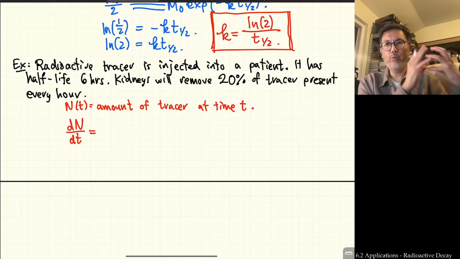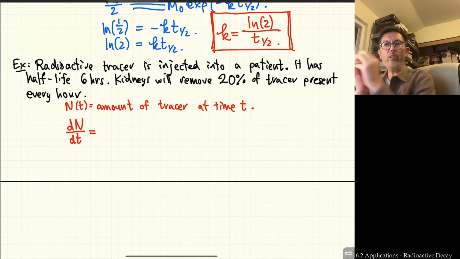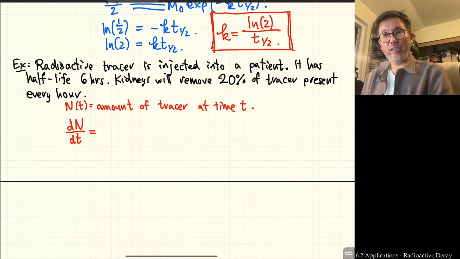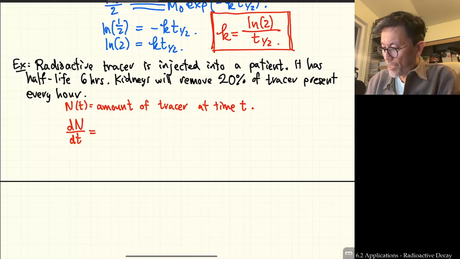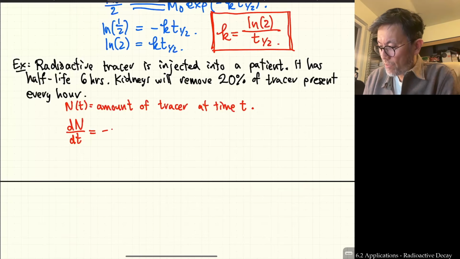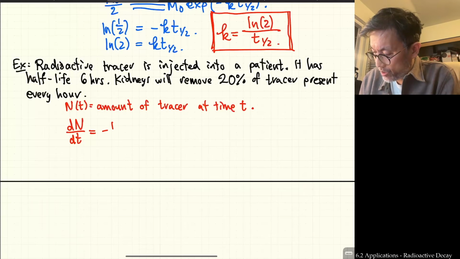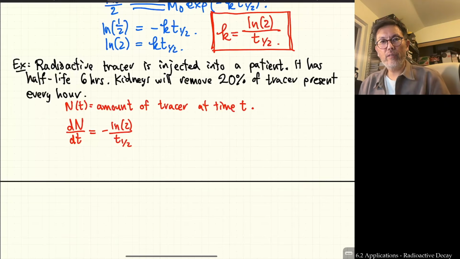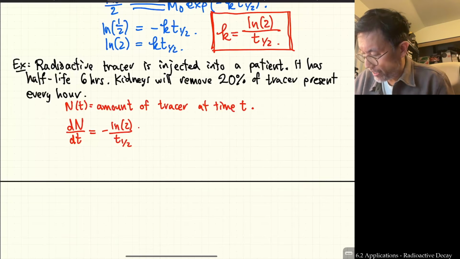There's the radioactive decay contribution, and then there's the contribution by the kidneys. So we could write that as a sum of two things. On the one hand, this is going to be negative natural log of 2 divided by t sub 1/2, the half-life of this radioactive tracer, times N.